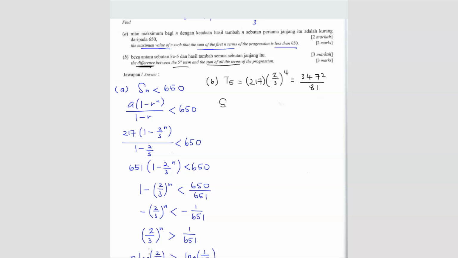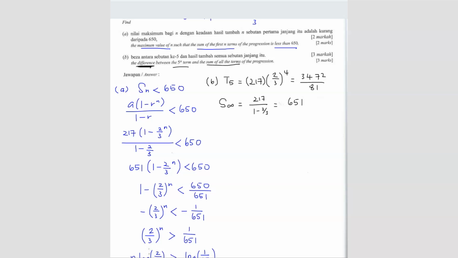Next, they want you to find the sum of all terms. All terms means sum to infinity, so A over 1 minus R. A is 217 over 1 minus 2/3. Same thing, straight away key it into your calculator, and you get 651. Now they ask for the difference.